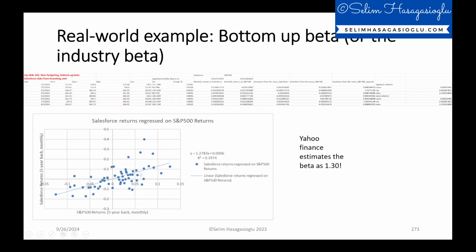And this is the linear regression. The slope of this line will give you the beta of Salesforce. Again, it is the same as those calculated with these methods as well. And remember, Yahoo Finance estimates the beta as 1.30, and we have 1.28. So the numbers are quite similar.